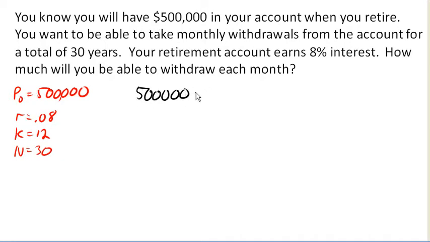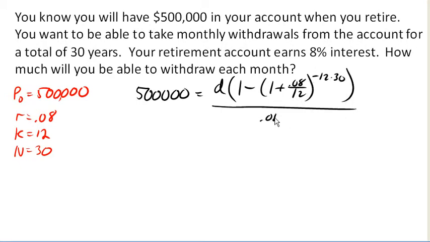P0 equals D, because I don't know how much my withdrawals are, times 1 minus 1 plus 0.08 over 12 to the negative 12 times 30, all over 0.08 over 12. All right, and as usual, we'll go ahead and simplify these things a little bit.